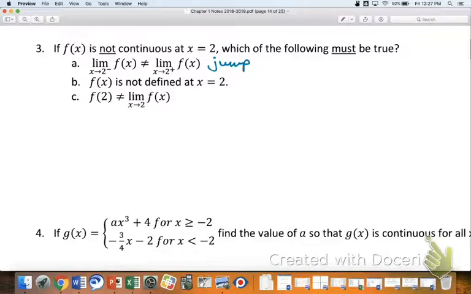B. What kind of discontinuity or discontinuities is that describing? Okay, so the hole, or the removal, I'll just put RD for removable discontinuity. Is it possible that there's another type of discontinuity that would fit with that? An asymptote, right? Not defined, right? It could be a vertical asymptote. Okay. And then C. What kind of discontinuities could that be talking about?